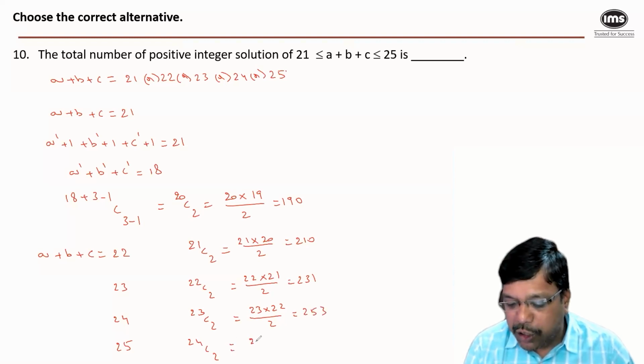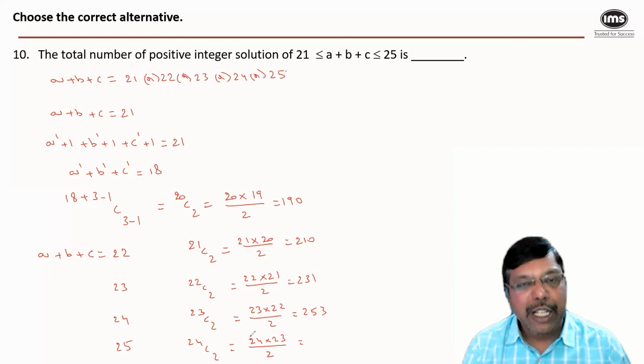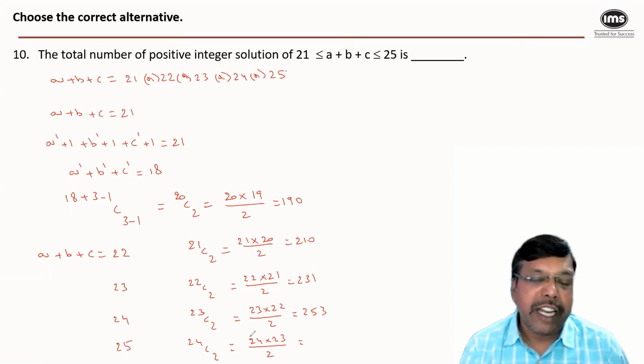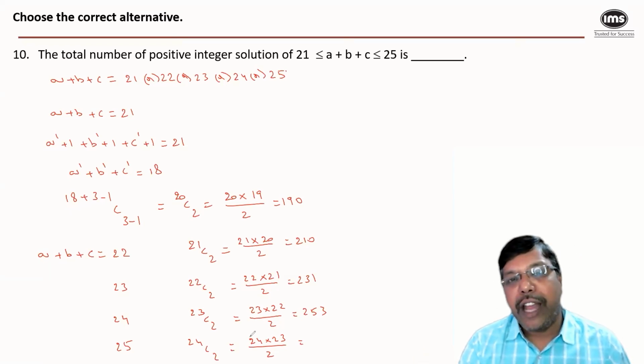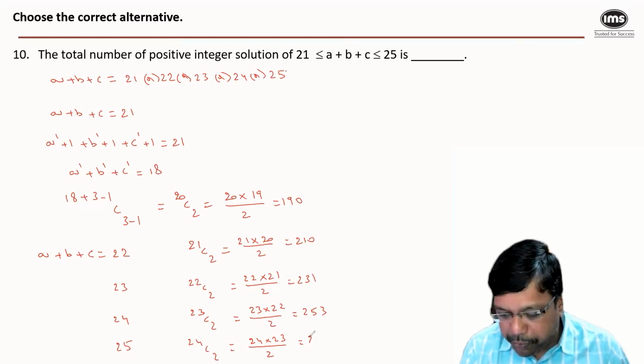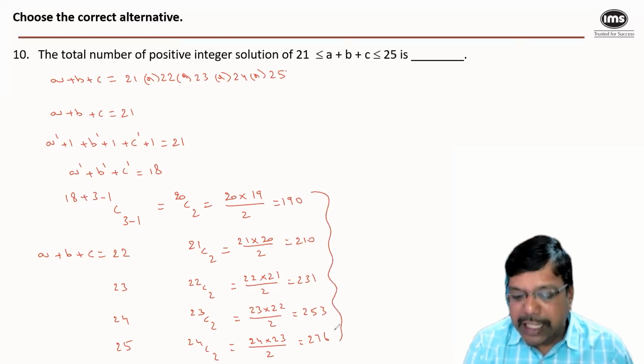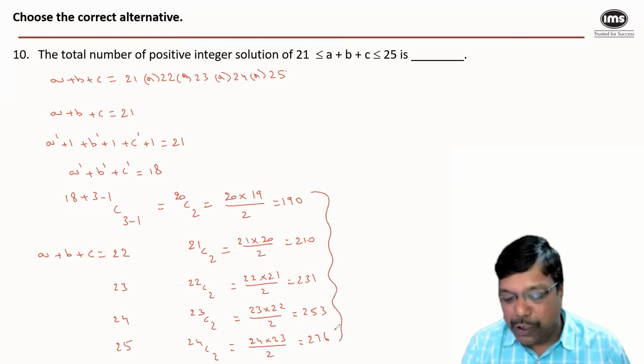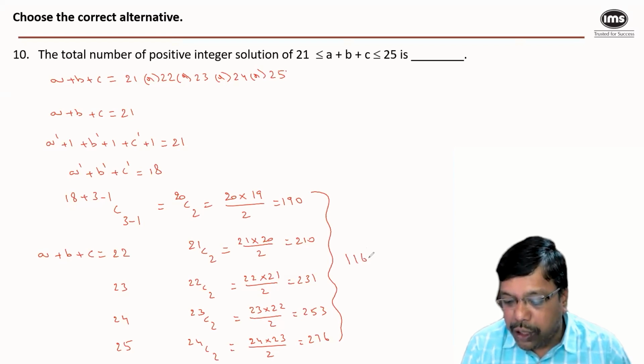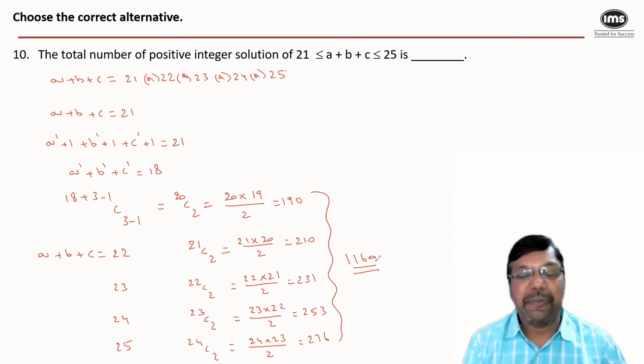And 24C2 is 24 × 23 / 2. The 2 gets cancelled out, 12 times in 24. So 12 × 23. Now 23 × 10 is 230 plus 46, which is 276. So the total number of solutions is the sum of all these values, which is equal to 1160.